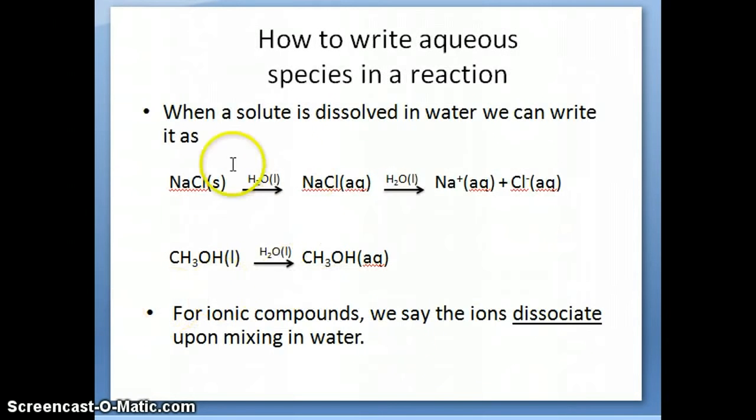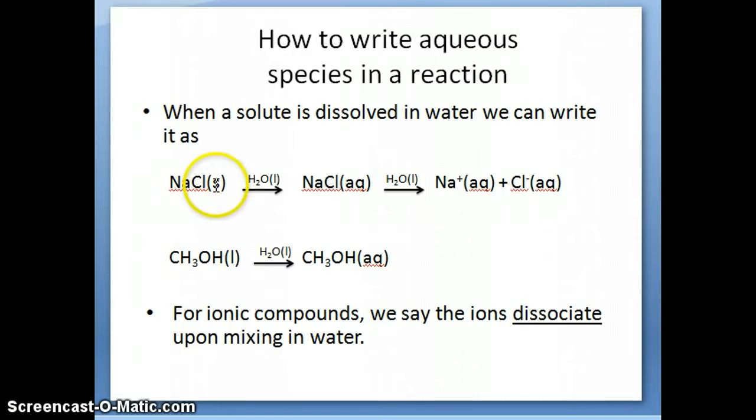Okay, this is an important slide here because it shows you how we write species when water is present. When you have a solute that's dissolved in water, there are two ways of writing it. First, we start by writing the solute itself, in this case the ionic compound, sodium chloride, and it's a solid to start with.